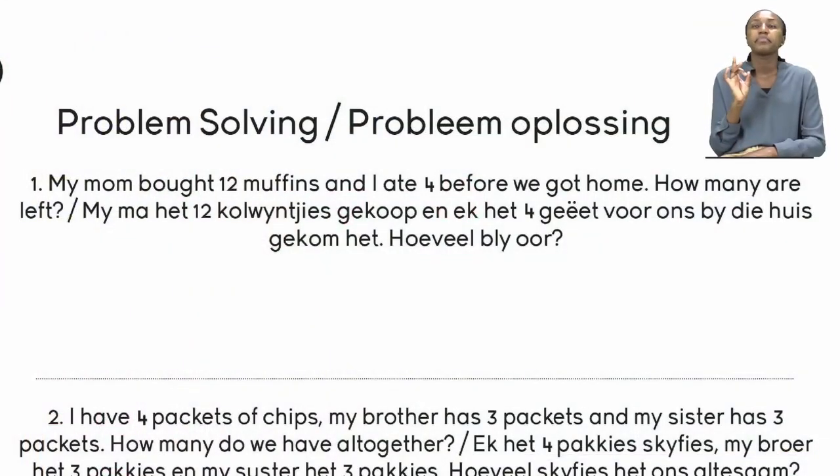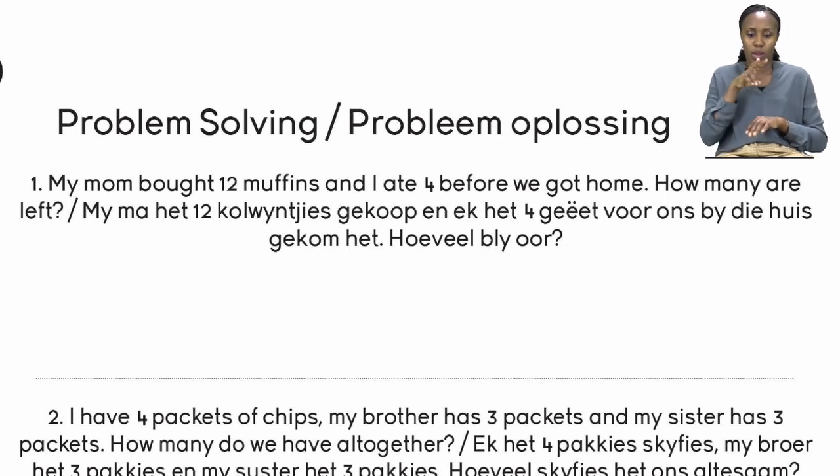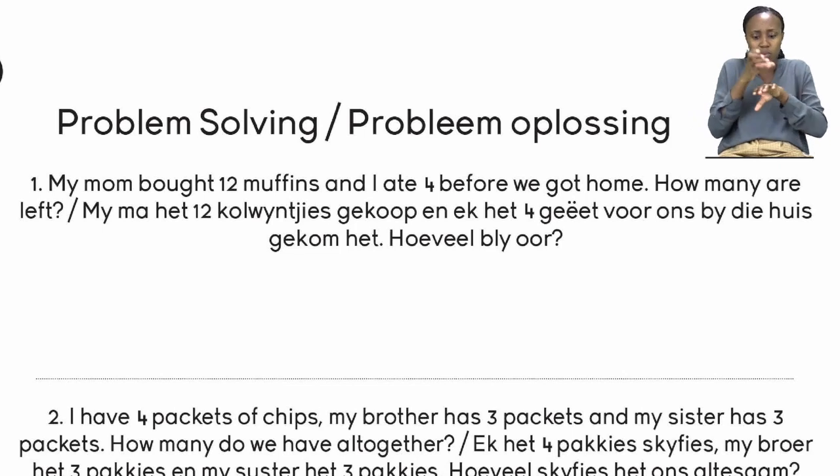Here you will see we have to do some problem solving, and I'm going to do number 1 with you. Number 1 reads, my mom bought 12 muffins and I ate 4 before we got home.